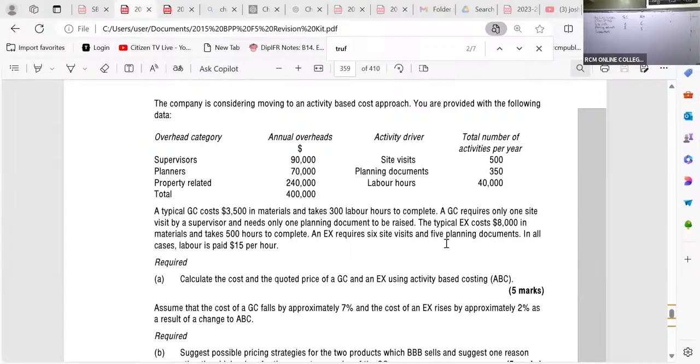How about 500 hours to complete? So 500 hours to complete. And then labor for GC. Is there somebody who is able to see labor for GC?